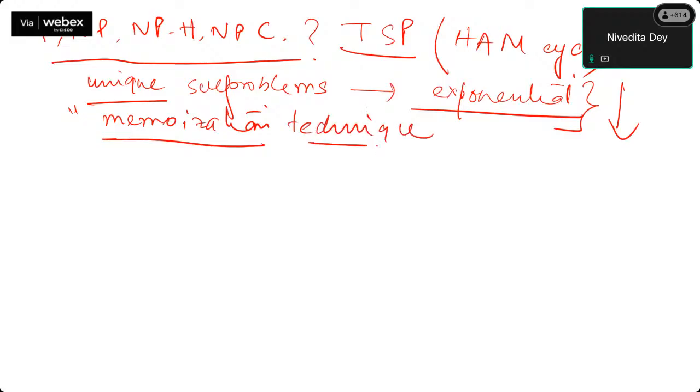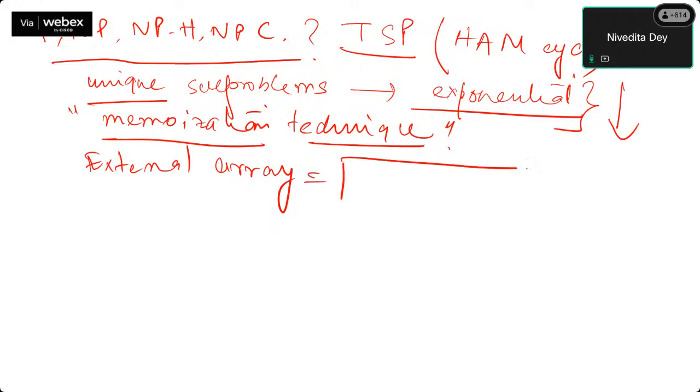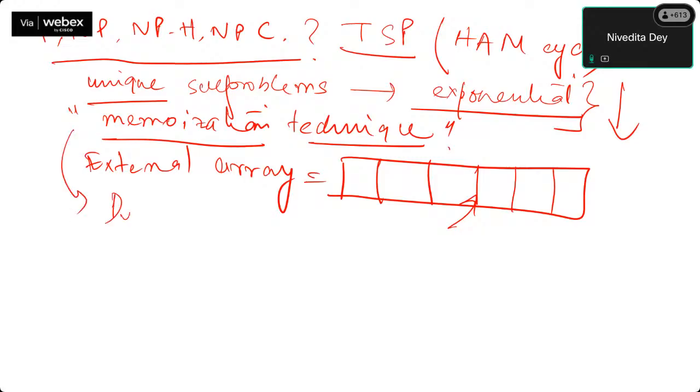Maybe there will be an external array where a particular value will be directly stored so that we don't need to separately call the functions. We can directly refer to the contiguous allocation and pick up the values, right? So this is a technique which is used in dynamic programming.